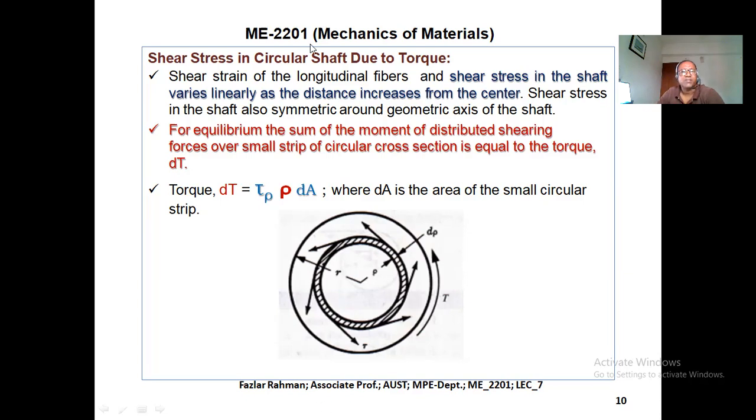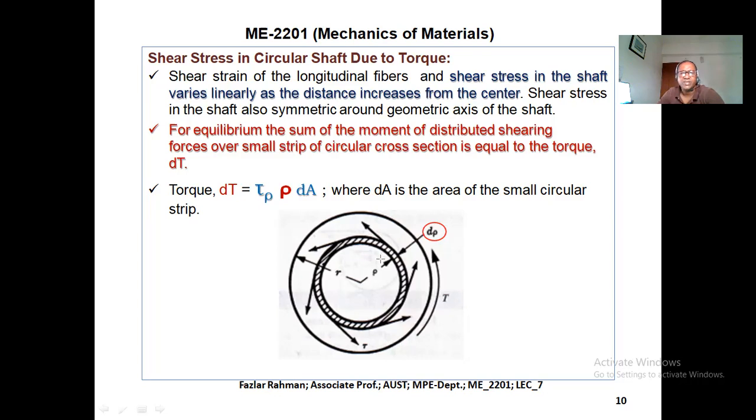What does it mean? That means the shear stress at this point and this point will be the same because this is symmetric from the center. If their radius is the same, then it doesn't matter, the value will be the same. So we are thinking of a small strip. The thickness of this strip is d rho, and this is a ring, right?